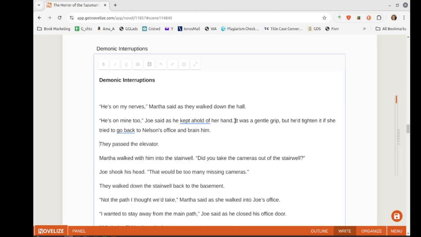This is actually... that makes no sense. Up here, they passed the elevator. So this is sort of sudden. He's on my nerves. They're talking, and all of a sudden they pass the elevator as they walk down the hall. This needs fixed because it's sudden and you're not expecting it.